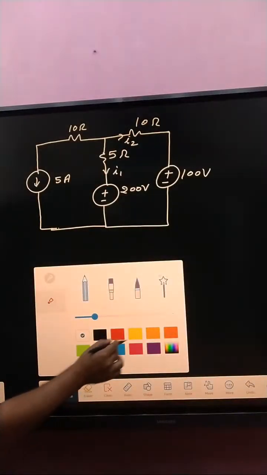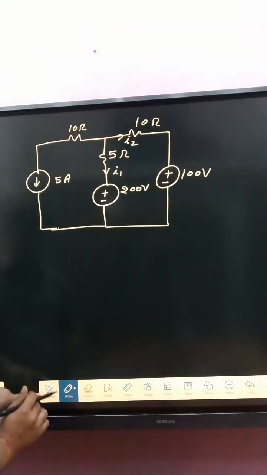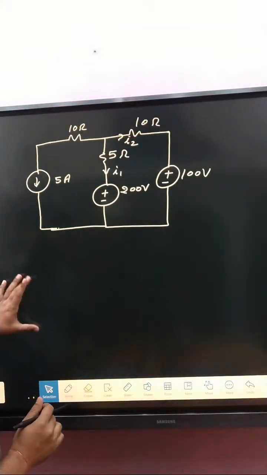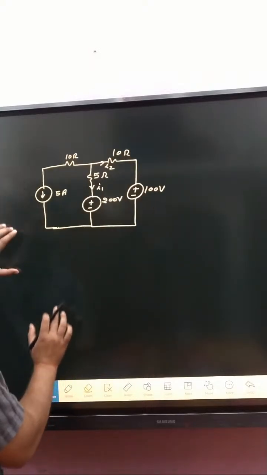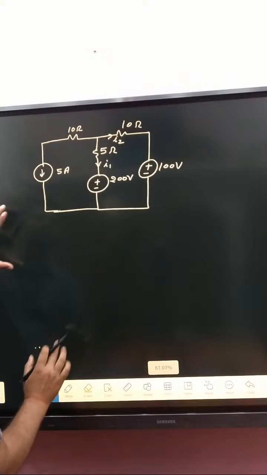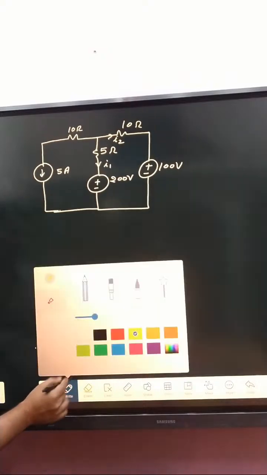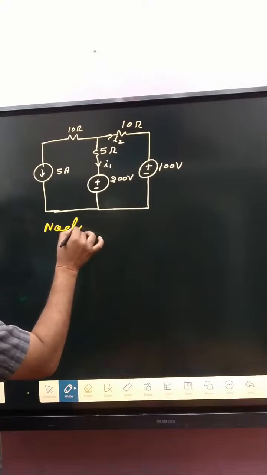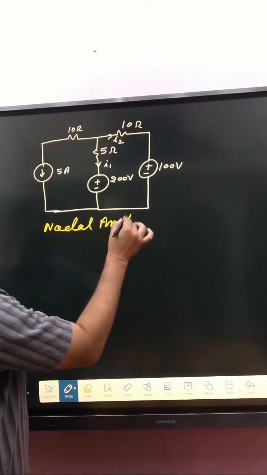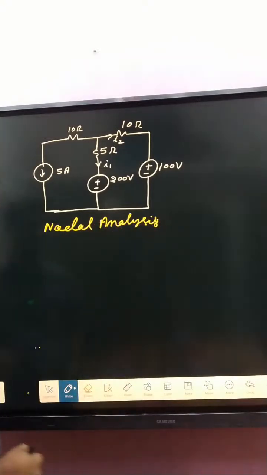First of all, if you see very carefully, now how can I do? If the question mentions using simple nodal analysis, you can use always nodal analysis, not another method.